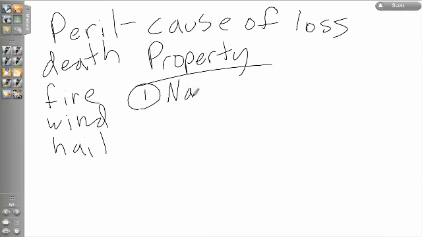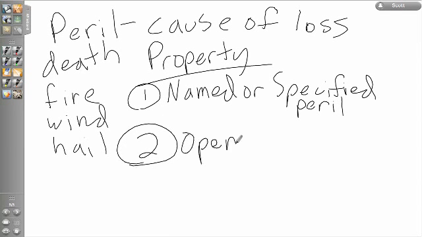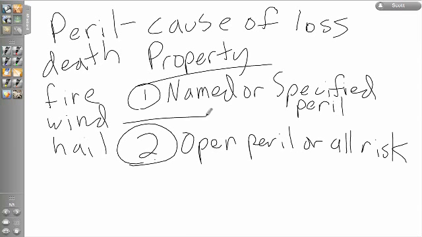They can write it as a named or specified peril policy, or they can write it as an open peril or all risk.